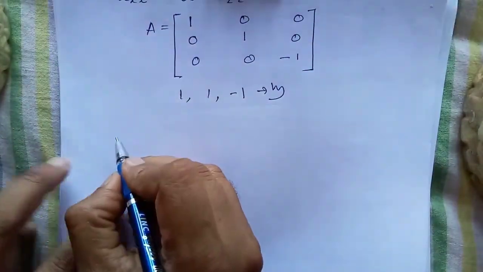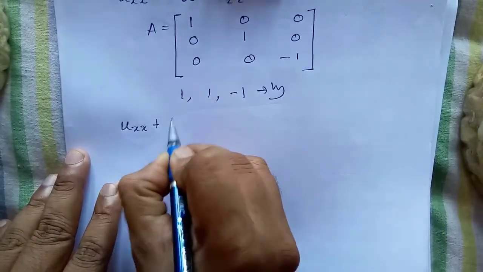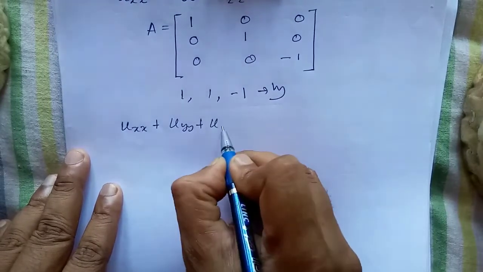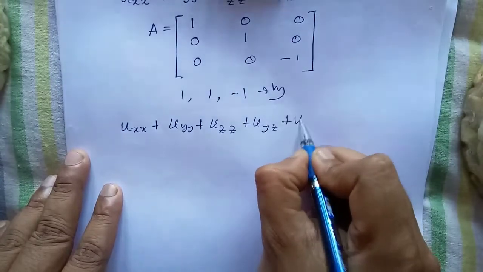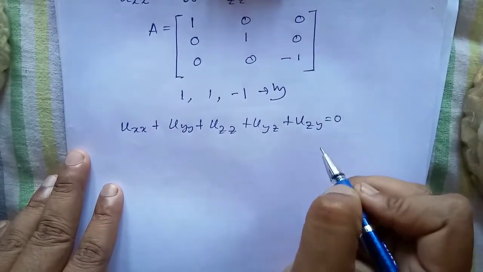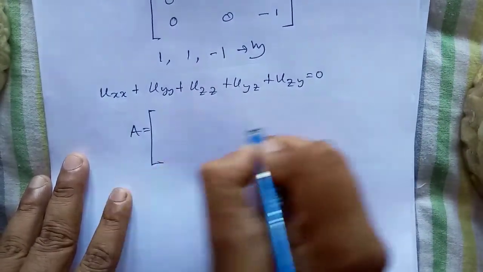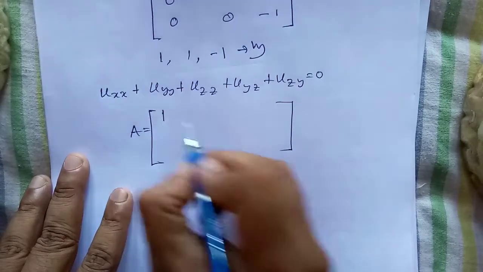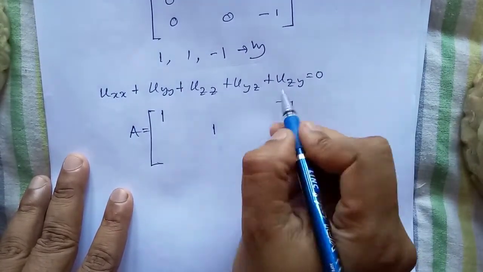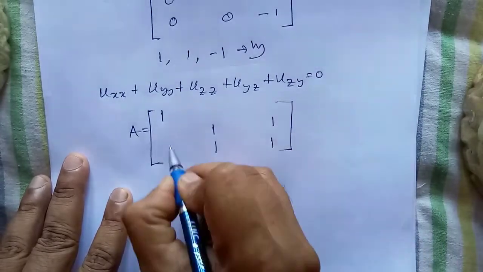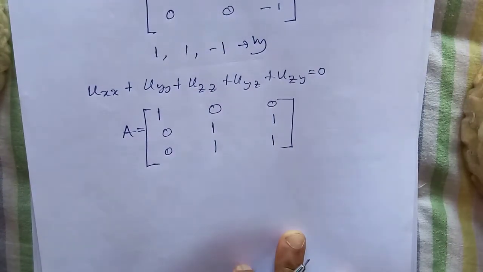Okay, and the next problem is given as uxx plus uyy plus uzz plus uyz plus uzy is equal to 0. So capital A is equal to, first we see uxx 1, uyy 1, uzz 1, and for yz and zy these 2 entries are 1 and 1, except that everything is 0, right?